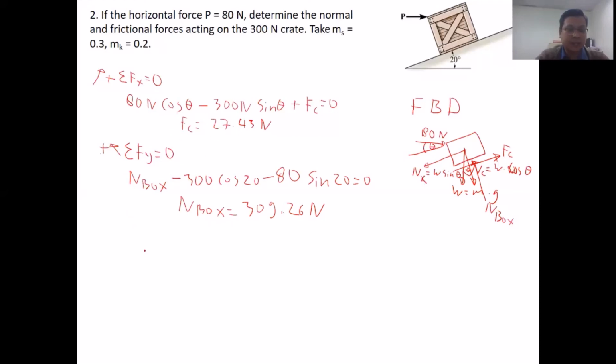Okay, if FC equal to mu static times normal box, so you can recalculate here: 0.3 times 309.26 equal to 92.8 Newton.